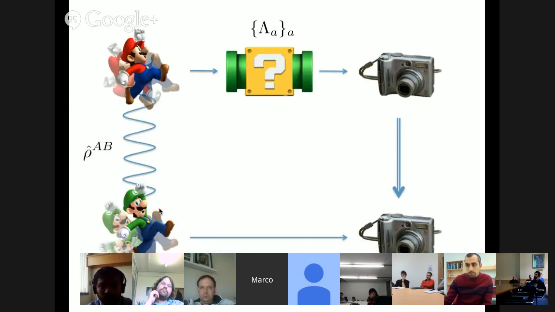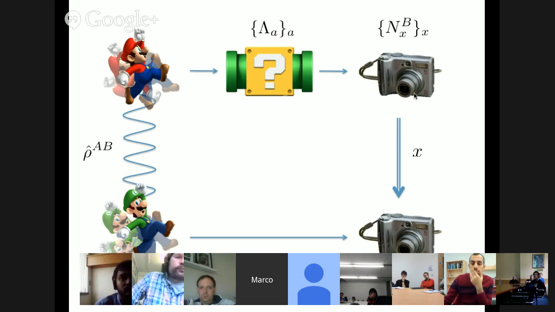So this was our picture: initial state, subchannels to be discriminated, and one-way LOCC measurements. What does it mean to have one-way LOCC measurements? Well, formally, it means that Bob performs a measurement, a POVM, with several potential outputs, results X. The result of the measurement is sent to Alice, and now Alice gets to choose which measurement to apply based on the outcome of Bob.